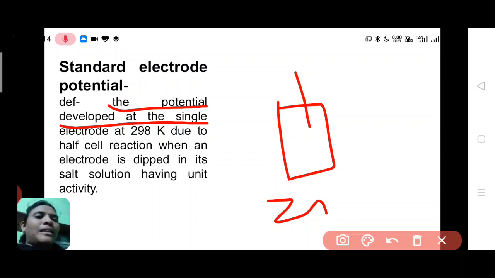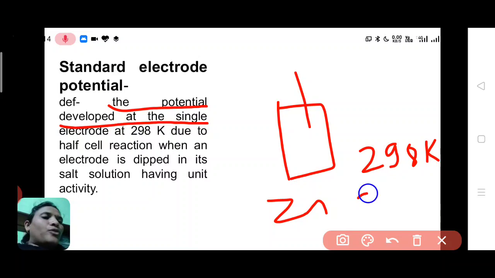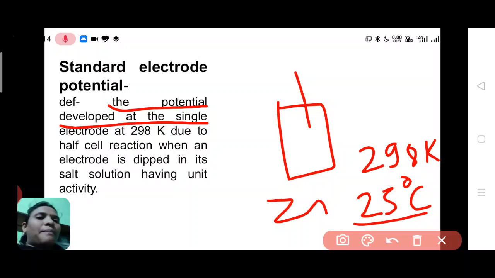So when this single electrode is at a temperature of 298 Kelvin, which means 25 degrees Celsius, the single electrode potential is developed on this electrode when it is dipped in its solution.